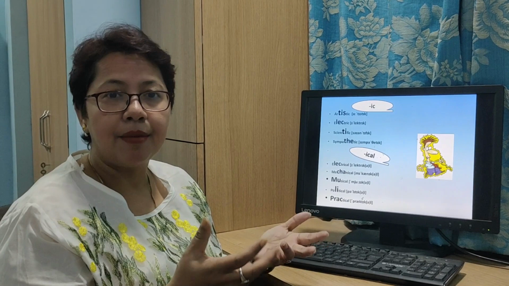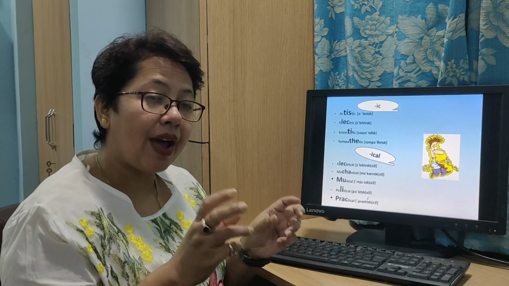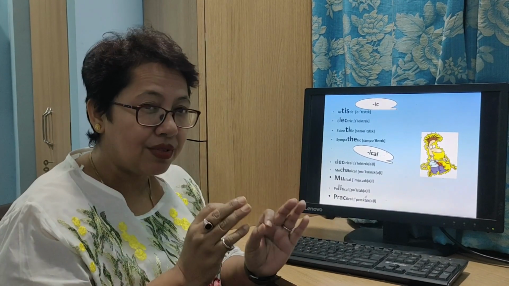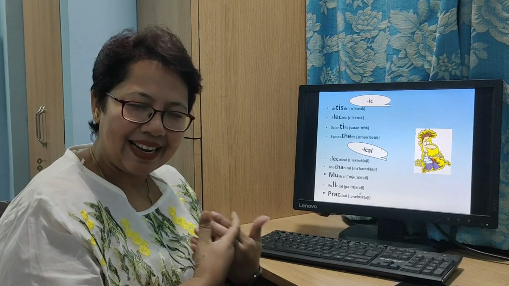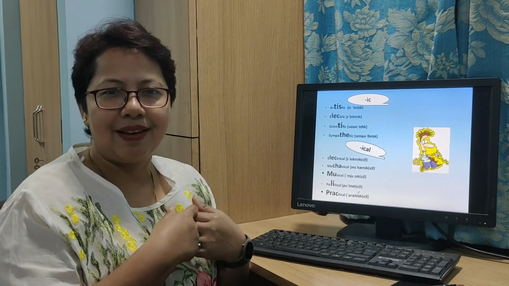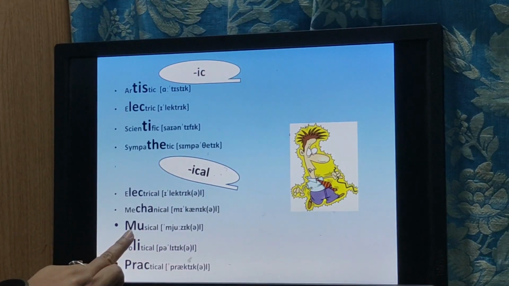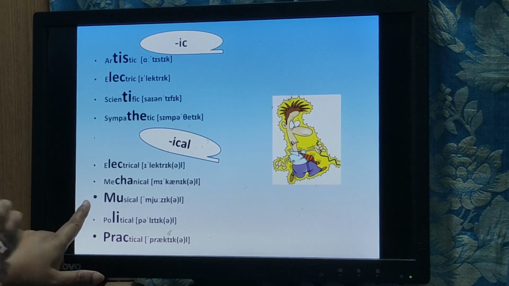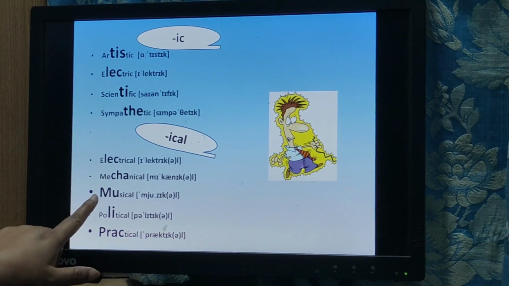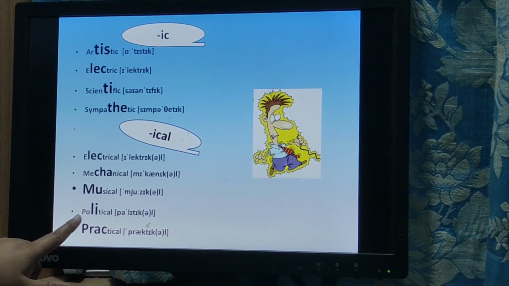Normally how do we say that? Musical. Very, very flat there. But if you use the right phonemes or right sounds that are there in the particular word, then it becomes very, very distinct and clear. So it's musical, y sound there. And because in musical only 3 syllables are there, the 3rd syllable from the right is again stressed, like in political, political.